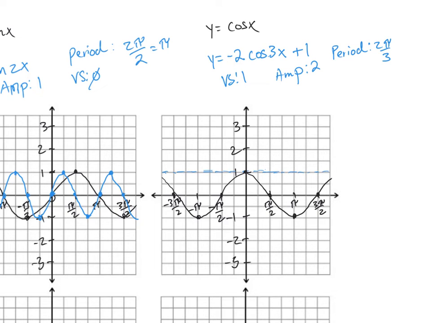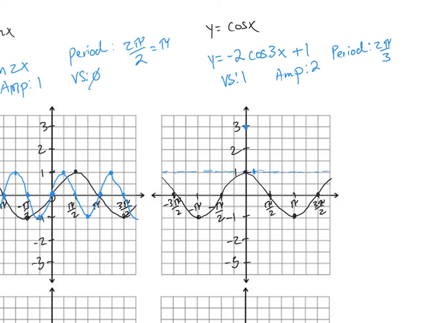I'm going to draw new benchmarks where I want to have that. Every marker that I originally would have put in, I just divide by 3. So instead of putting it at 90 degrees, I want it at 30 degrees, right? Half of 90 is 45, so it's going to be here. So 0 is still going to be 0. And the amplitude is twice that, so instead of going up 1, I'm going to go up 2. And that would be another point.